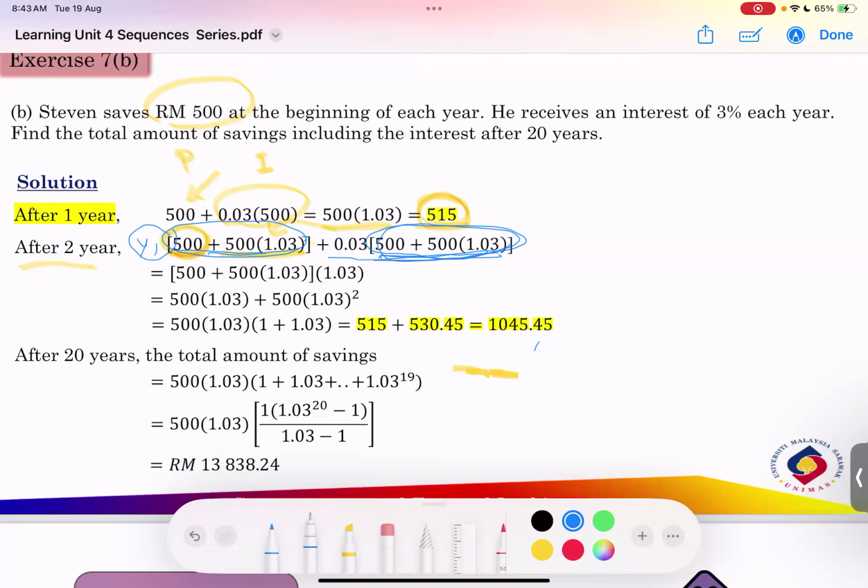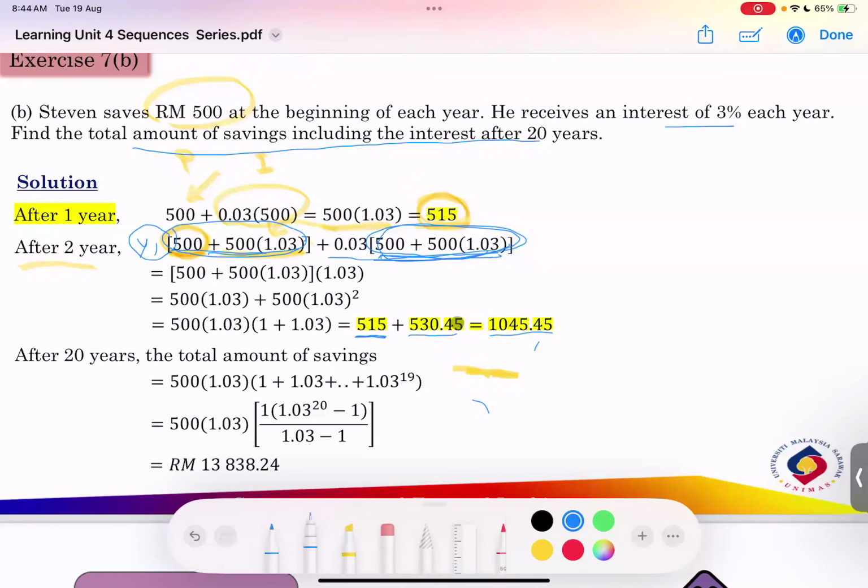So you can see now this one is 515 plus 530.45, equal to 1045.45. So why does this thing happen? At the beginning of the year, he receives money each year, and we find the total amount of saving including the interest after 20 years. So actually he keeps adding money, keeps adding money, and so on.